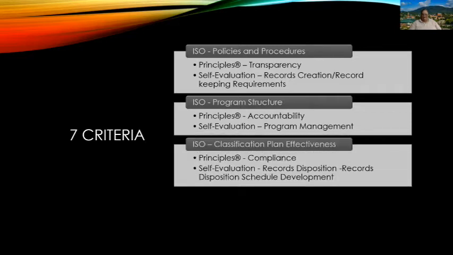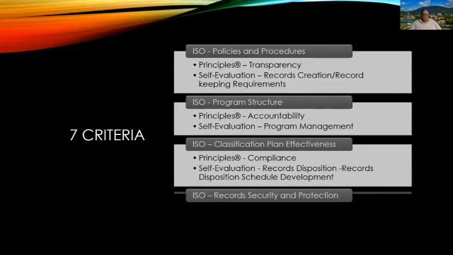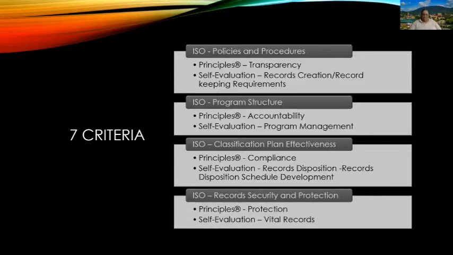For classification plan effectiveness, we mapped compliance from the principles, and records disposition and records schedule development from the self-evaluation. And then for security and protection, we mapped protection and vital records.